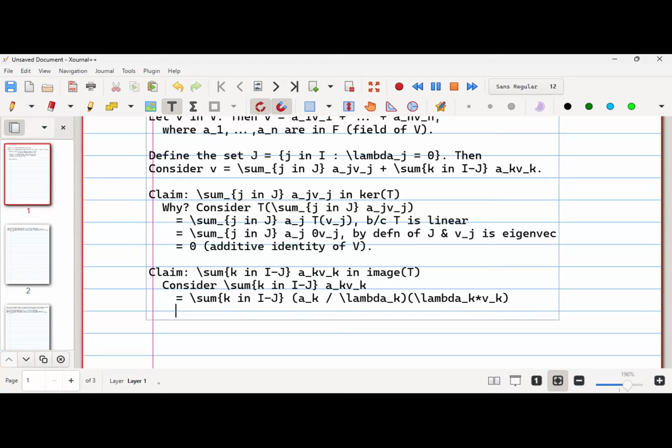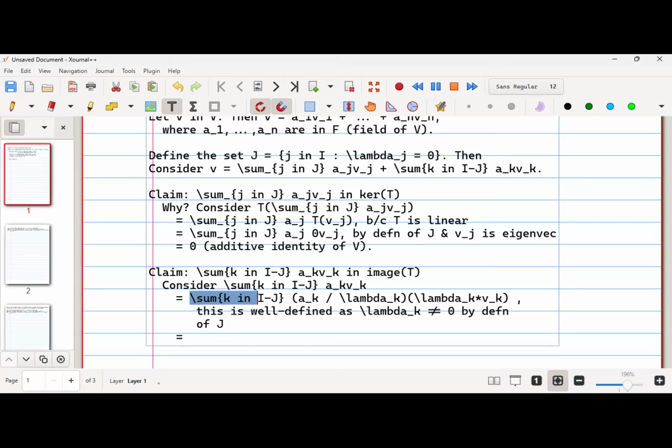So I'll just write that as a note here. This is well defined as lambda k is non-zero by definition of J. We could say I minus J, but I think J is probably closer to what it is.